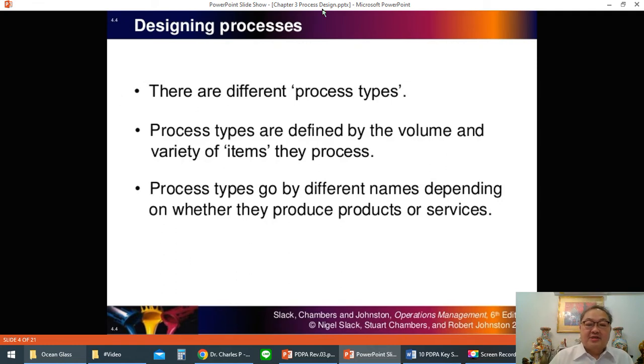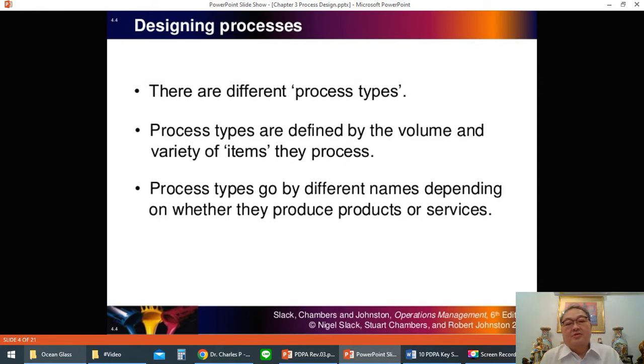Okay. Process types are defined by the volume and variety of the items they process. Of course, it has an effect whether you have more variety or more volume. That also depends on how you should plan or design the process.